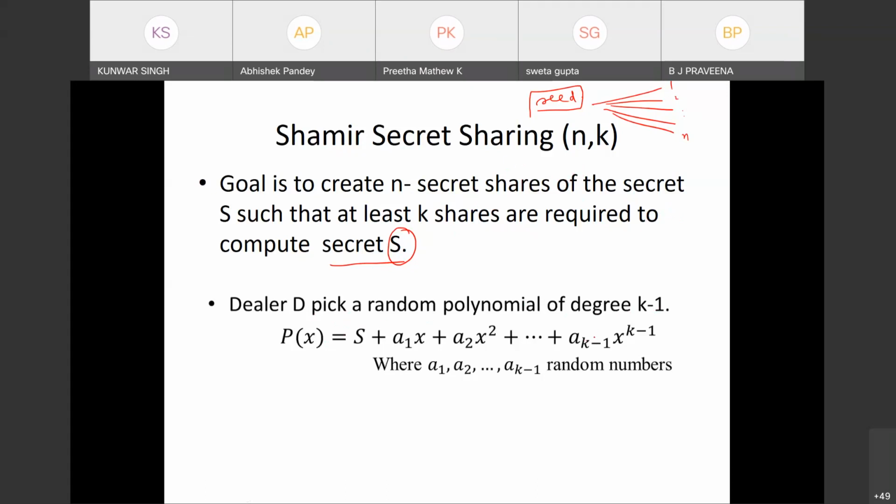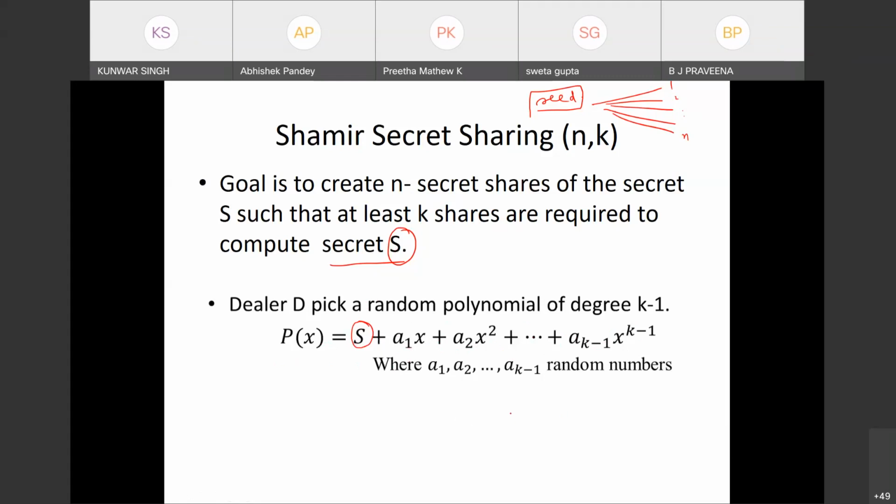Random polynomial means the coefficients are random, and the constant part I'll keep as the secret, and the rest are random. Since all the coefficients are random except one, this will be a random polynomial. So I constructed the random polynomial this way, but the constant part is the main secret, the seed.